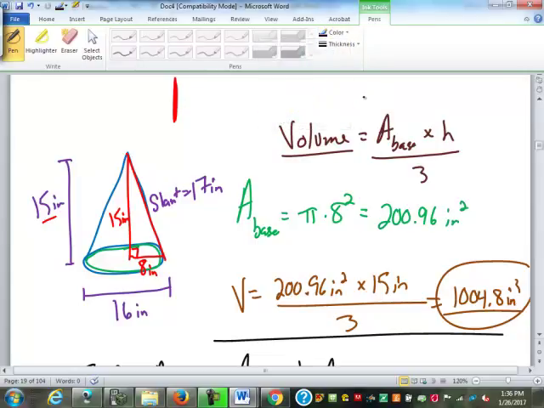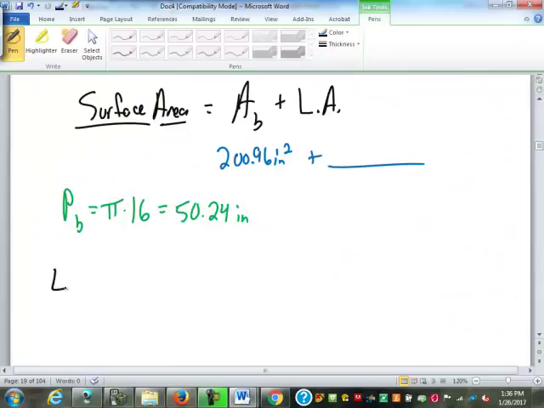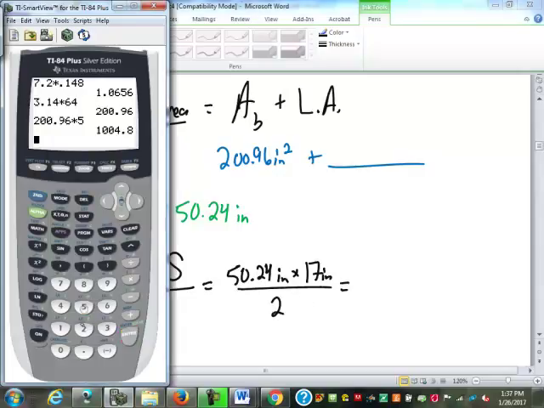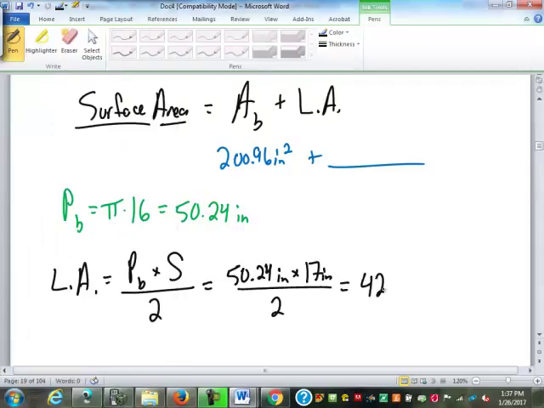So now my lateral area, perimeter of the base, times the slant, since that now forms triangles, it's divided by 2. So 50.24 inches times the 17-inch slant divided by 2. 427.04 inches squared.